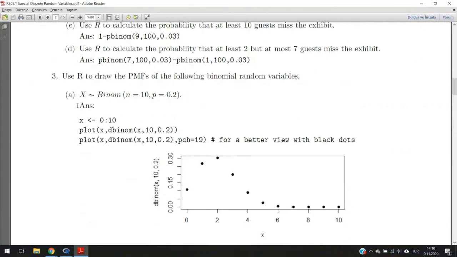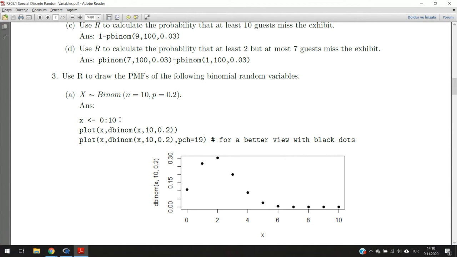Finally, in this last question, we are going to use the programming language R to draw the probability mass functions. So it says, for a binomial random variable with size parameter 10 and success probability 0.2, draw the probability mass function. So we know that this binomial random variable can take any value from 0 to 10.